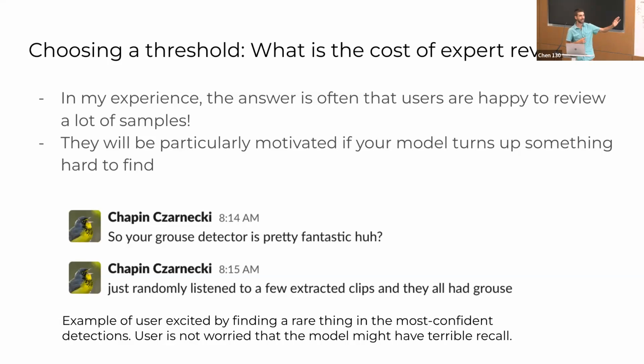And the kind of secret here is that this model could have had very low recall, and yet those most confident detections were actually the thing we were looking for. So I'm trying to make the point that sometimes it's okay to sit down and do a lot of manual verification. That's not a failure of your machine learning.